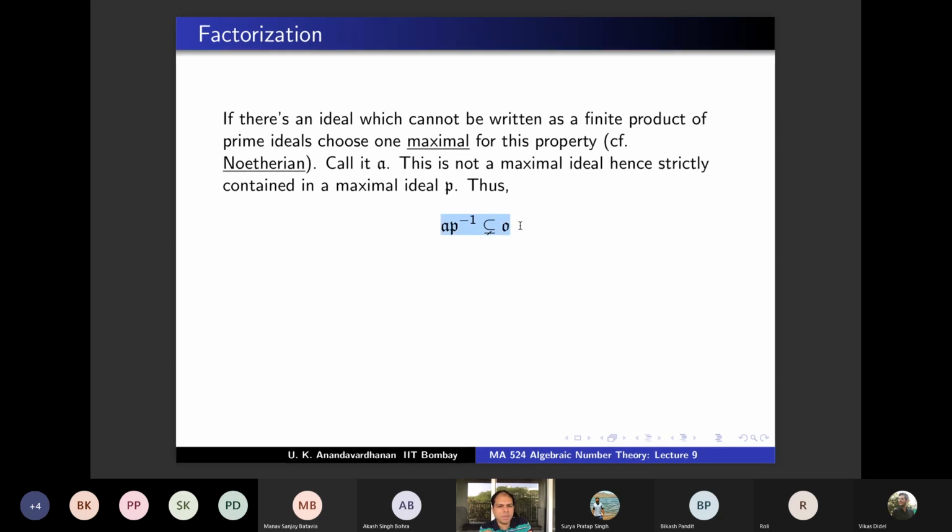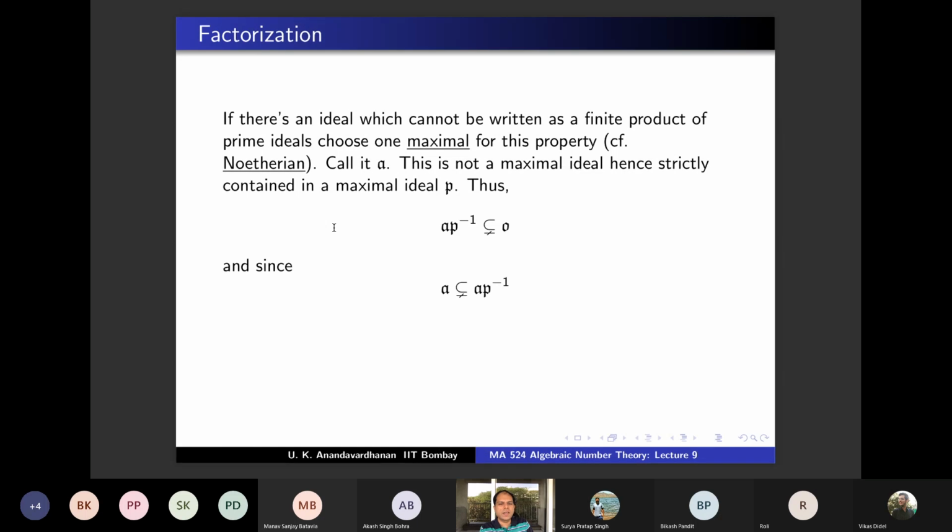Because if A times P inverse is equal to O, you can multiply by P on both sides and you will get A equal to P. But that's not true. So AP inverse is strictly contained in O, and AP inverse contains A.